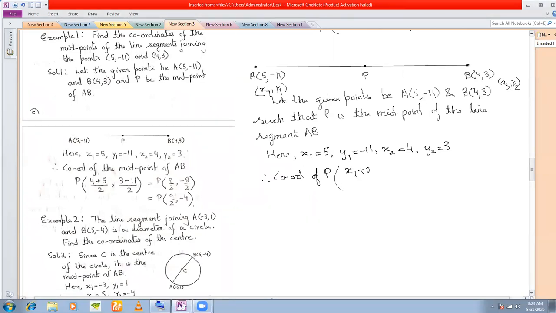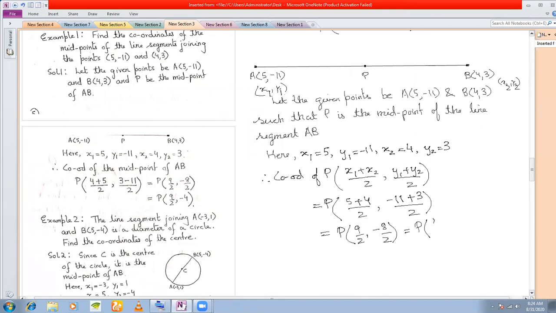Let's write the formula first. (x1 plus x2 by 2, y1 plus y2 by 2) is equal to P ((5 plus 4) by 2, (-11 plus 3) by 2), equal to P (9 by 2, -8 by 2), which is P (9 by 2, -4), which you can also write as P (4.5, -4).